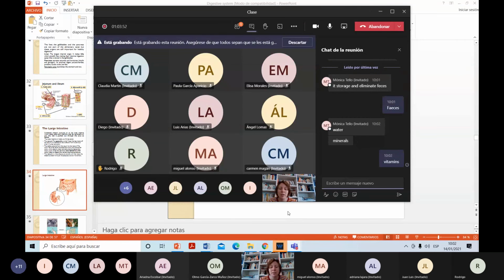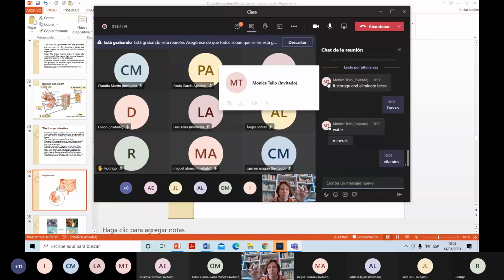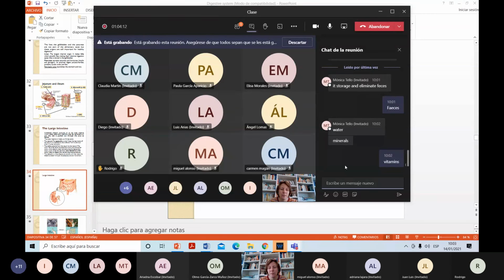Okay, so that's the very important mission of the large intestine: absorb water, minerals, and vitamins in order to transform this chyle into those feces, and it stores them until the sphincter in the anus, that is a voluntary sphincter, opens and you send out all those feces.